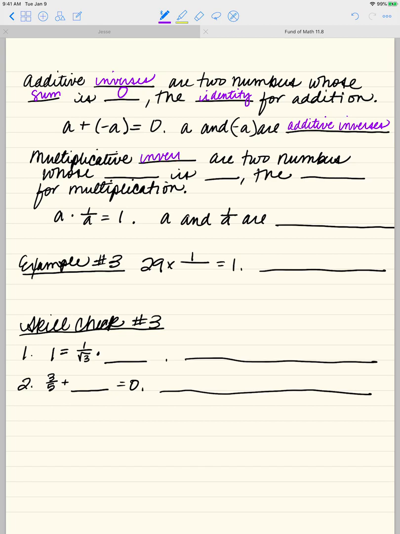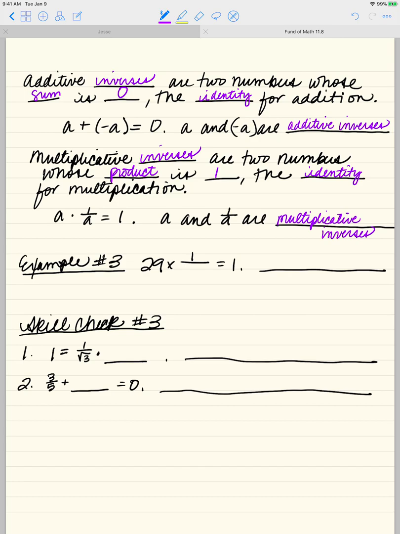Multiplicative inverses are two numbers whose product, because we're talking about multiplication, is 1. And 1 is the identity for multiplication. So a times 1 over a is equal to 1. A and 1 over a are what we call multiplicative. And it took me a lot of practice to be able to say that word. Multiplicative inverses.